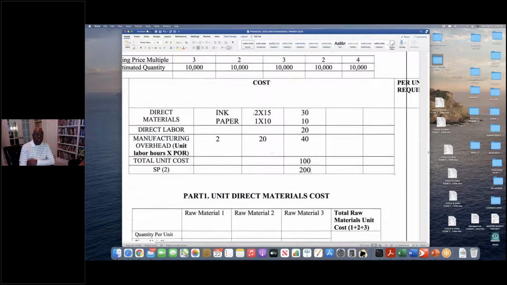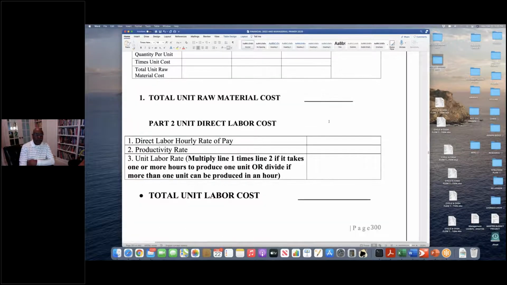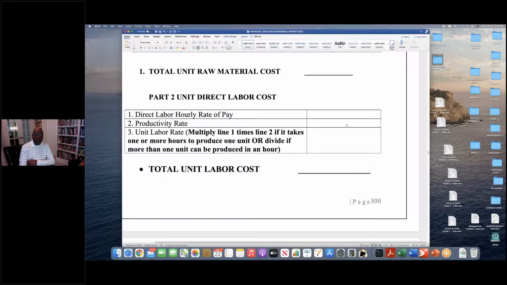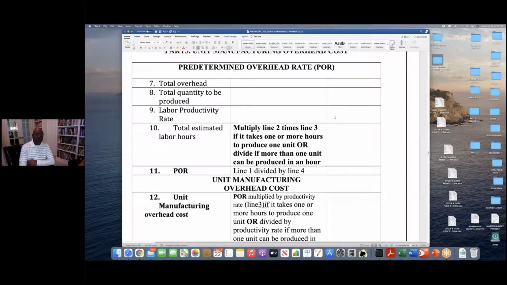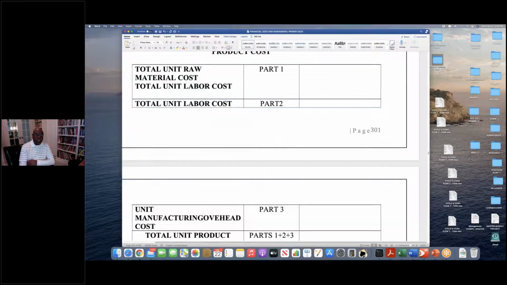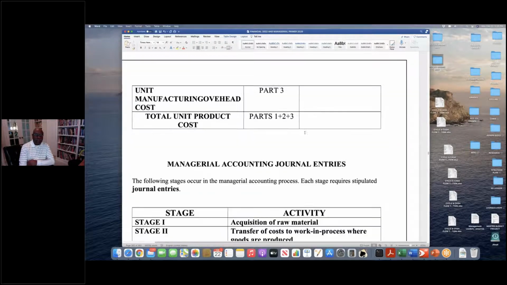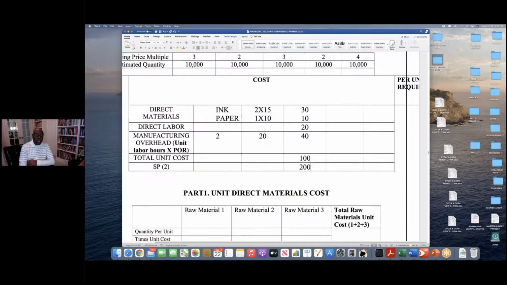There's a template for the raw materials, another template for direct labor, then one for predetermined overhead, with overhead costs and POR. And you add them all together. At the end of the day, what's total unit cost, what's selling price? So everybody has one that they're working on. Any questions?